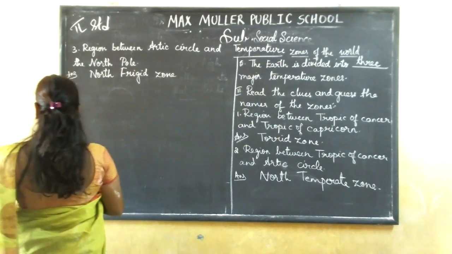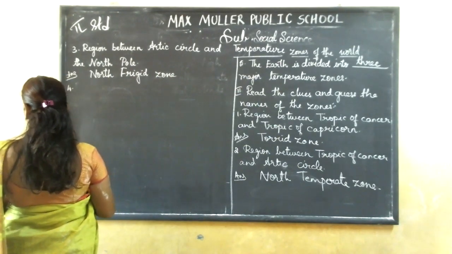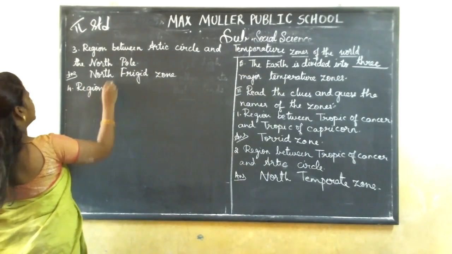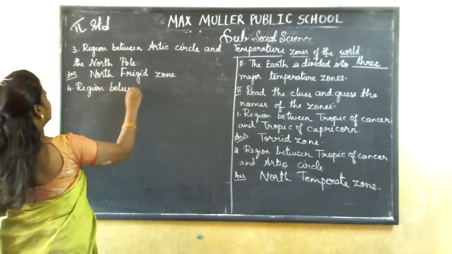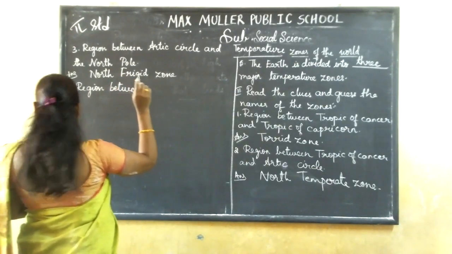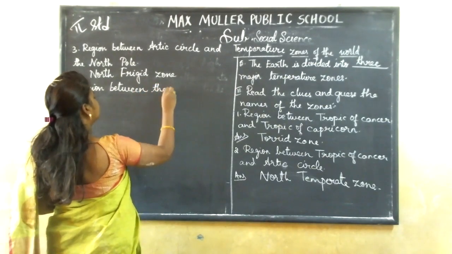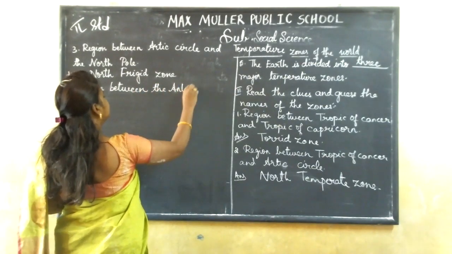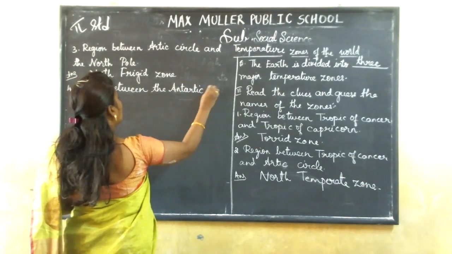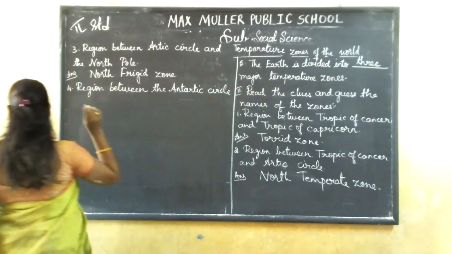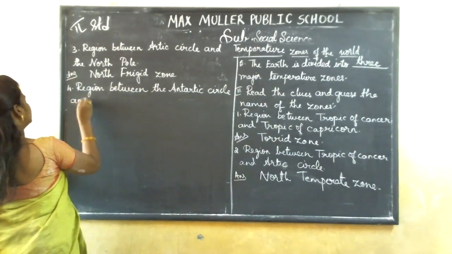Fourth one, region between the Antarctic Circle and South Pole.